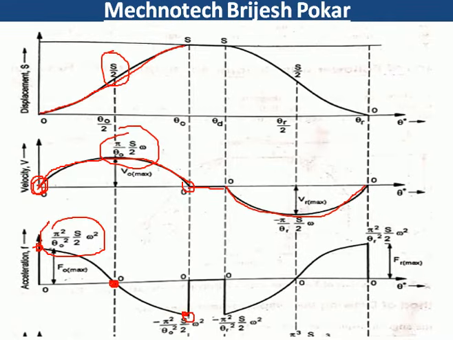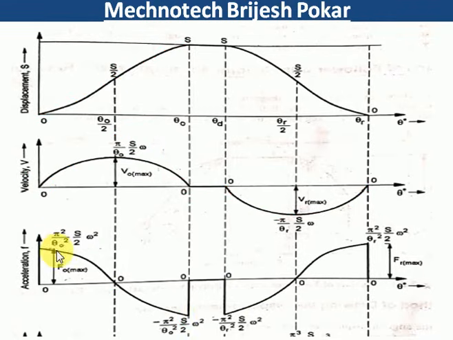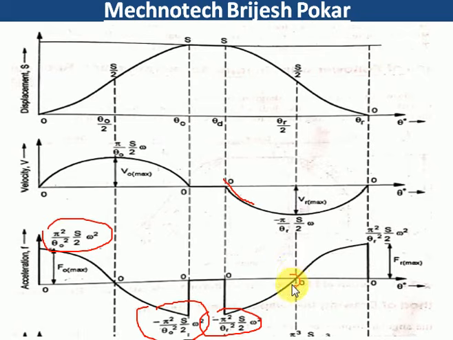So what is the equation for the acceleration? That is pi square upon theta O square into s by 2 into omega square, and here on the opposite side it is with a minus sign, so minus pi square upon theta O square, s by 2, omega square. Okay, now here as it starts from the lower side, it is a minus and again 0 at the center.